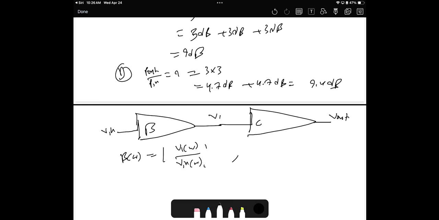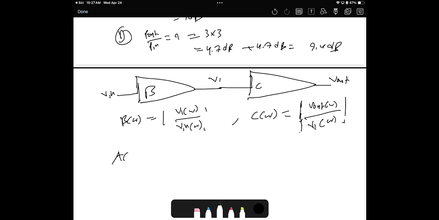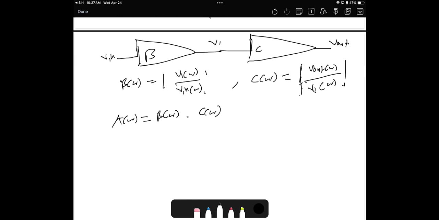Then the gain C of omega is V out of omega divided by V1 of omega. We know this. Then actually we can say the overall gain A of omega equals B of omega times C of omega.